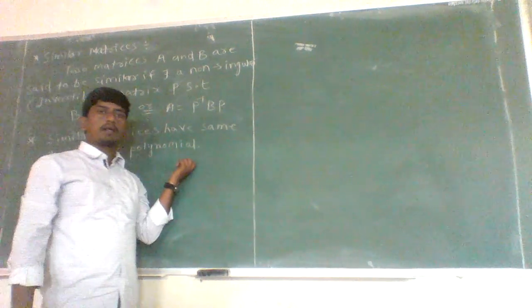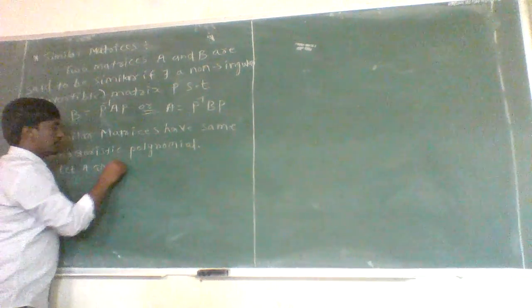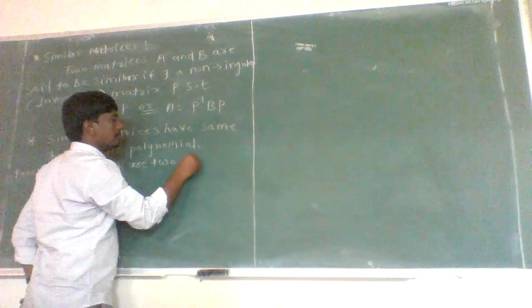So here we have to show that if A and B are any two similar matrices, then we have to prove that the characteristic polynomials of these two matrices are the same. Let A and B be two similar matrices.